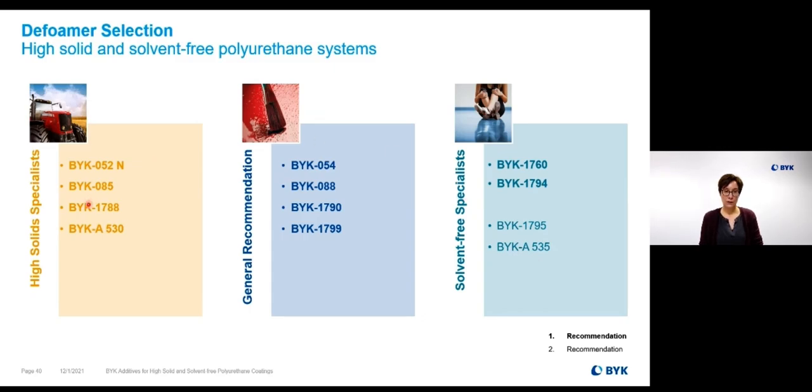When we come to high solid specialists, we have the Book 052N, a polymeric one. We have the Book 085, 1788, a very efficient one already in low dosages, and the Book A530, also a very efficient one. And this selection chart will help you to select the right defoamer for your coating.